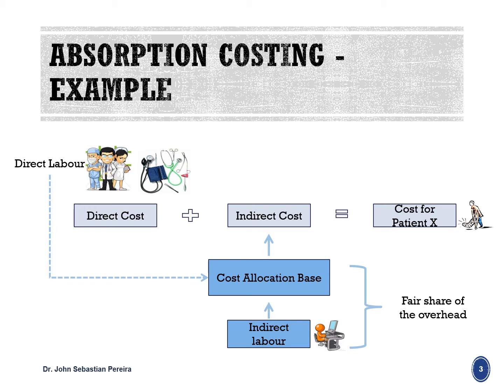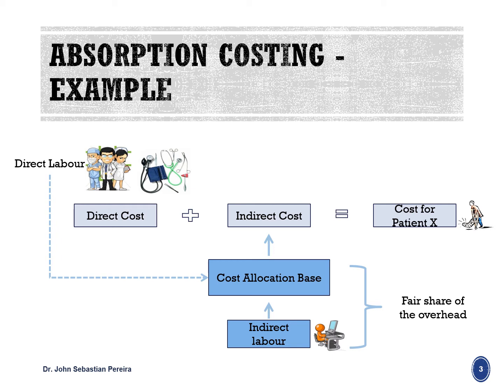To allocate the fair share of overhead to patient X, we will take the total indirect cost in the business for a period and divide it by the total indirect labor hours associated with that business. This will give us an allocation rate.